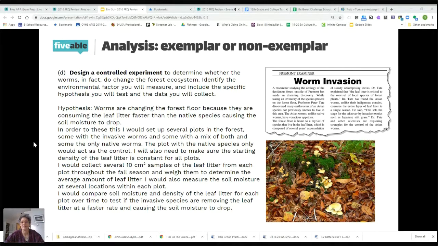So that if, then, because, I think is really an important way to start learning how to write a hypothesis.